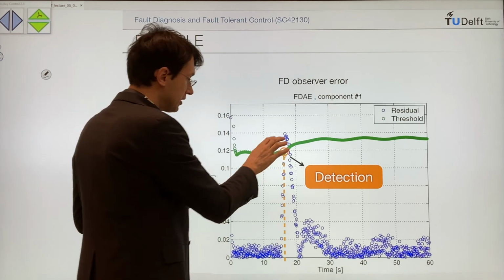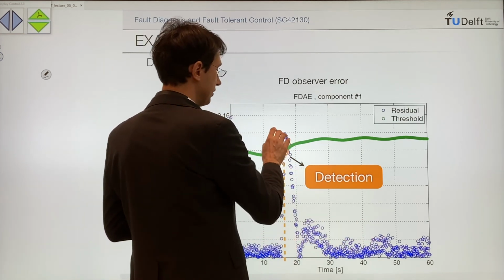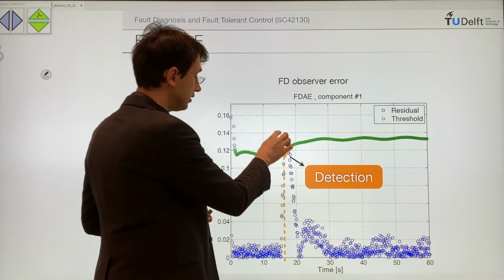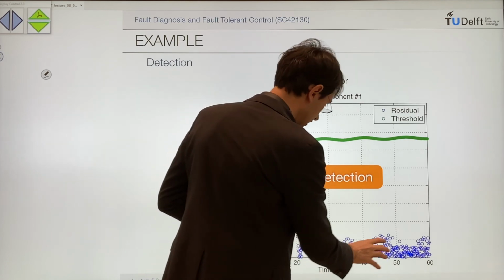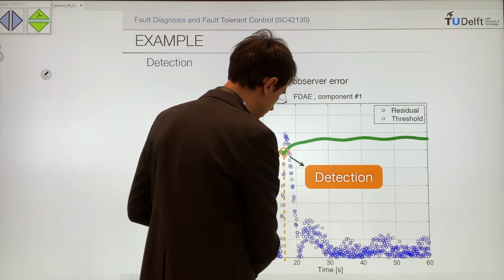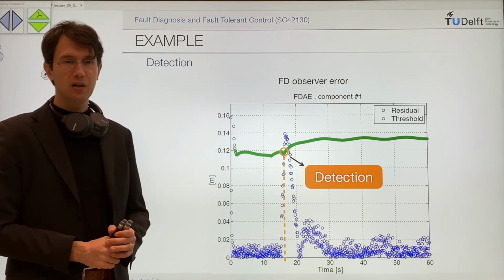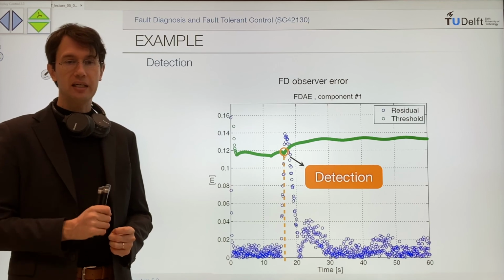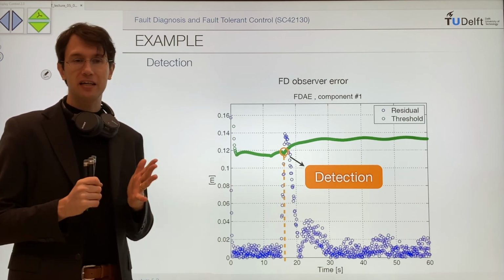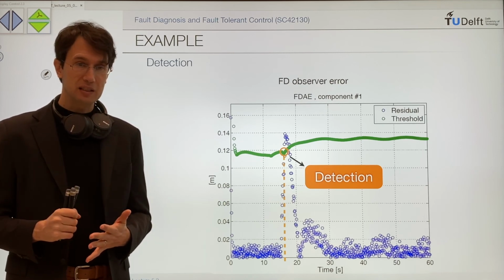But then something is happening. The fault is still present, so you would assume the residual to be big. But instead, the residual is going back pretty much to values like it had before the fault. A bit bigger, but not so much bigger. And you may wonder why. Well, the issue is all in the observer. As we said, the observer is tracking the system, compensating for uncertainties.